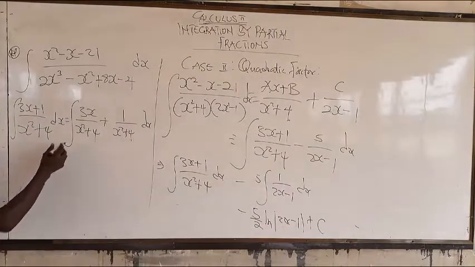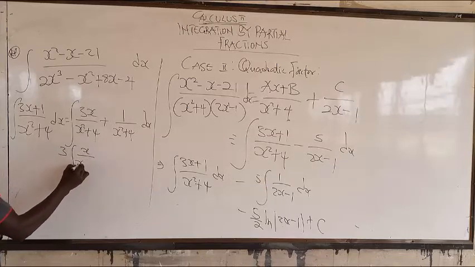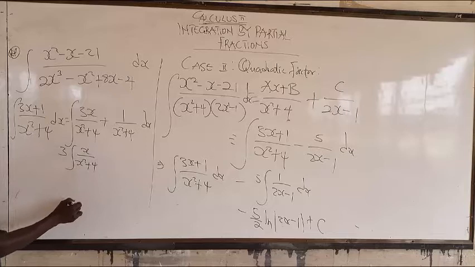See, this is going to be the integral of 3x over x squared plus 4 dx. This is u substitution.